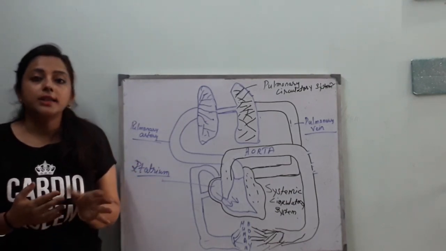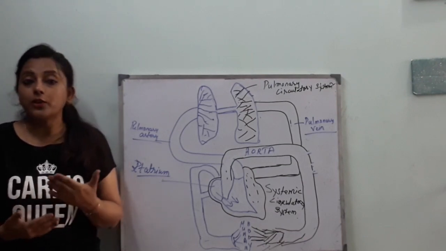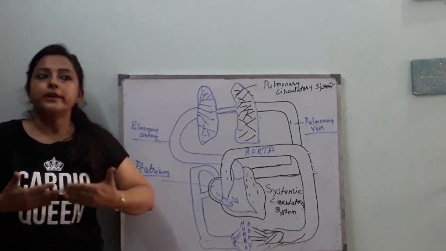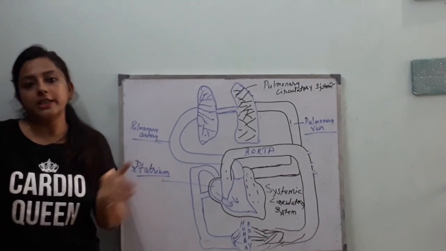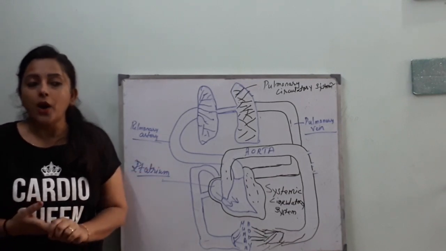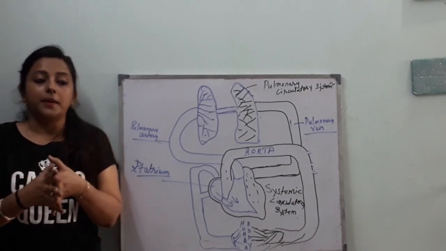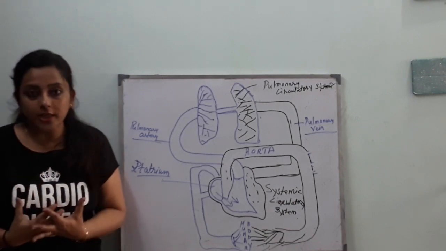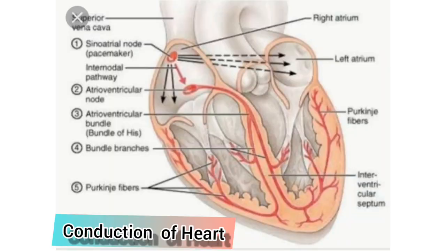Now this is about the circulation, how blood circulates to each and every part of our body. Now we will discuss how rhythm is generated inside our heart.